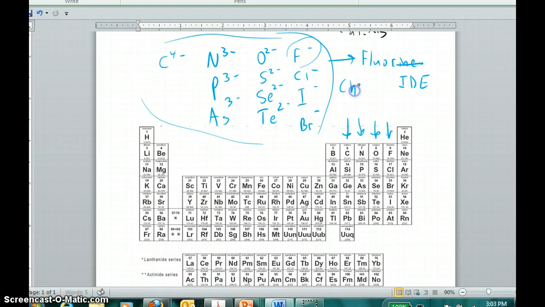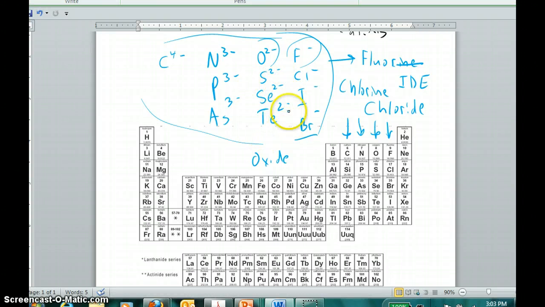As a neutral atom, chlorine is Cl, but once it becomes an anion, we refer to it as chloride. Iodine becomes iodide. Bromine forms a bromide ion. Oxygen, oxide. Sulfur, sulfide. Selenium, selenide. Yeah, you get rid of the ending and replace it with ide.